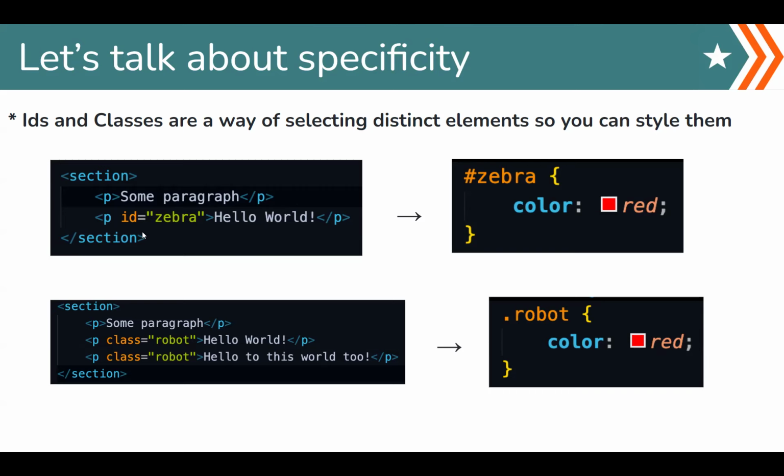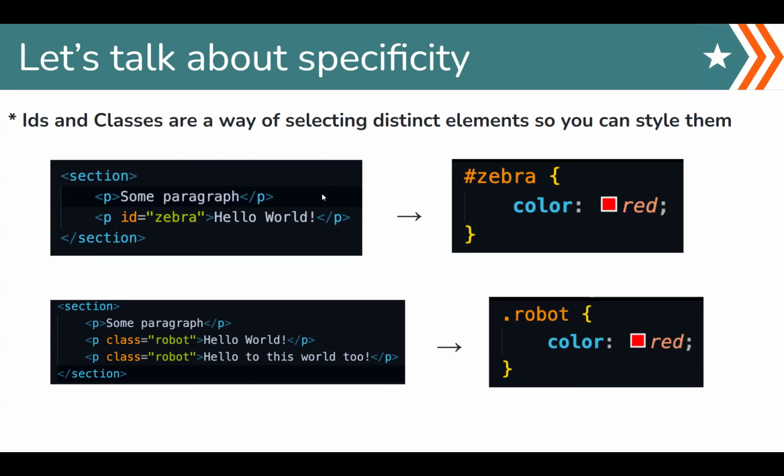Now, how you actually reference this in your CSS document is going to be via the hashtag. So in your CSS document, instead of adding a specific tag or element like p or h1 or div, you're going to specify the ID that you're trying to grab by using the hashtag, right? So we see here hashtag zebra, and we give it color red.